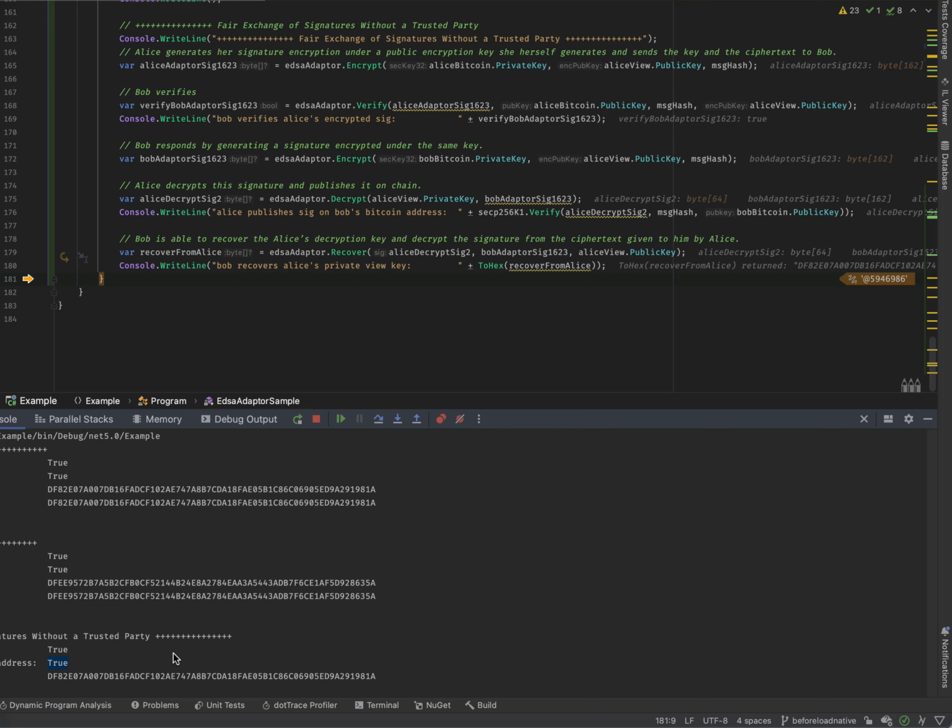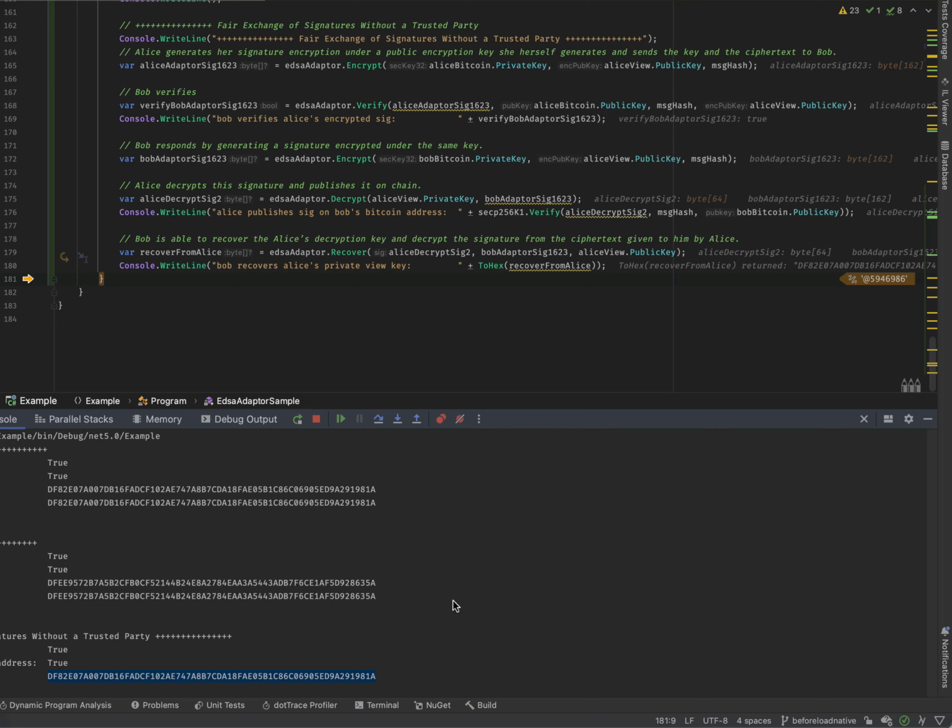If she wants the funds, she has to play nice and be honest, otherwise the whole thing doesn't work. So that's the atomic part. And then, seeing that Alice pushes the signature, claiming the funds, he now knows that he can get the secret key from that public encrypted key.